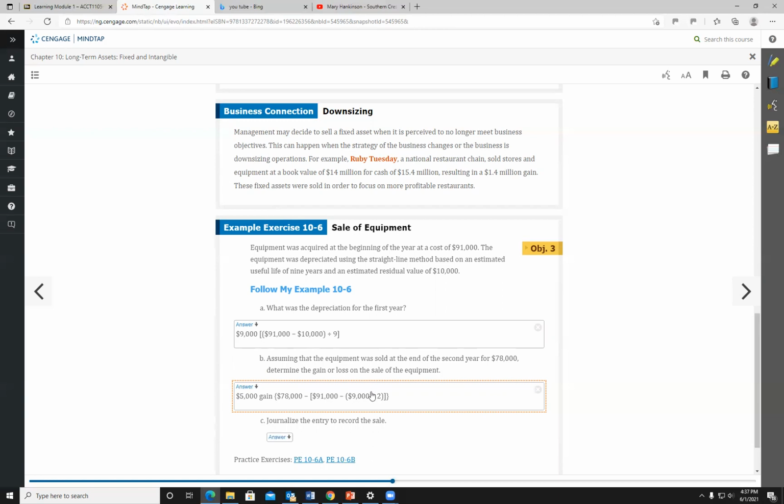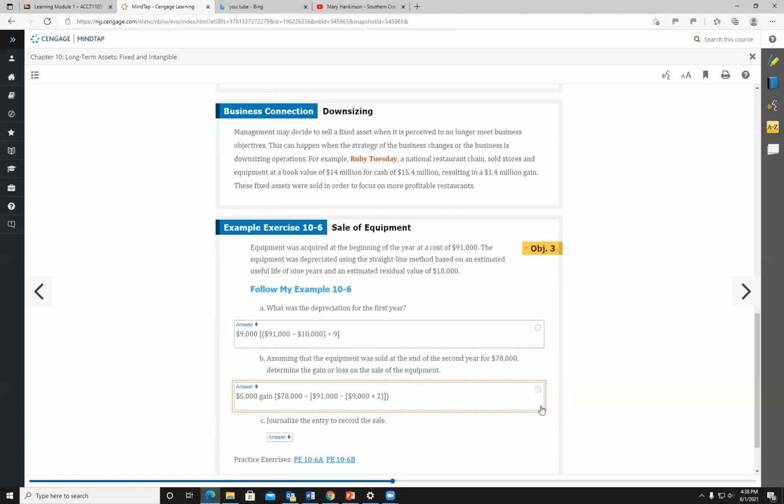And that's going to give us a value of $78,000. Excuse me, that's not correct. I'm sorry. So $91,000 minus $18,000 is going to give us a value of $73,000. So that would be the book value of the equipment at the end of year 2.